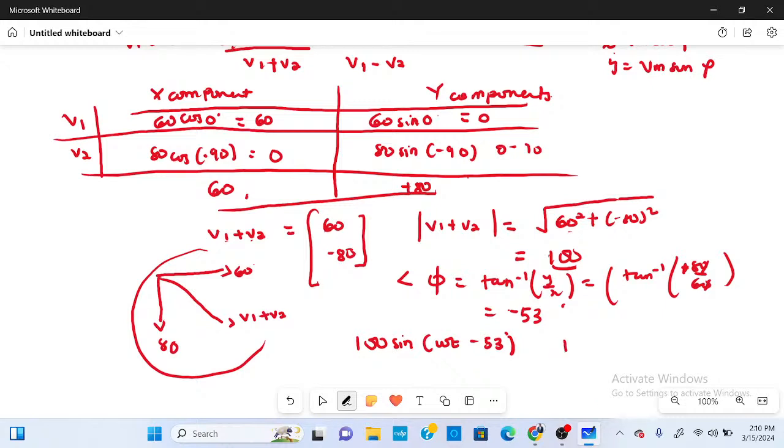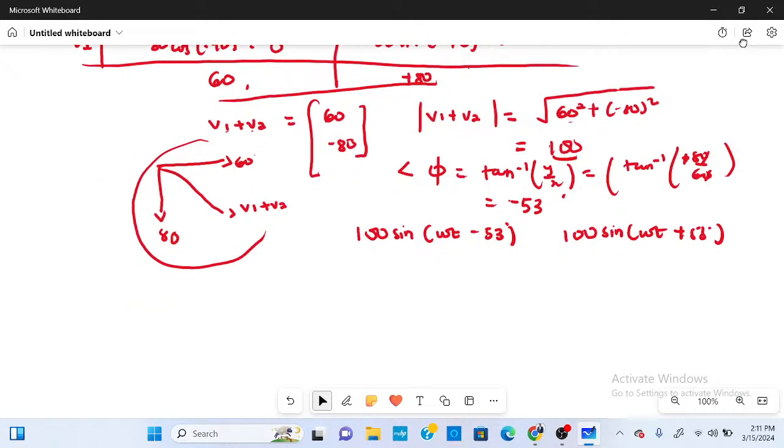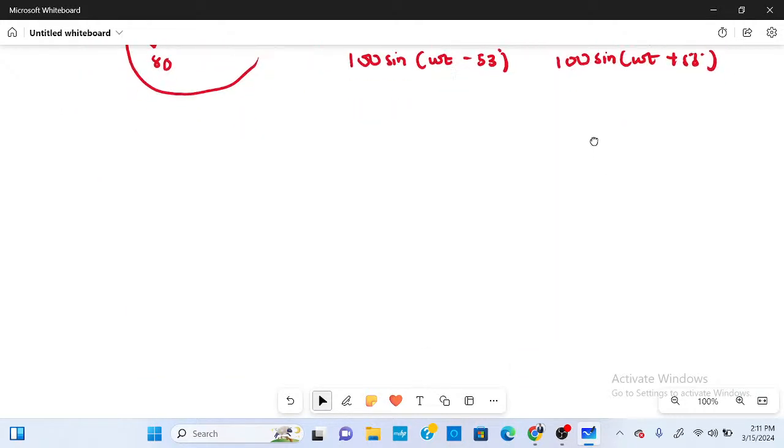For the minus, I'll have 100 sine of the expression omega t plus 53. So we realize that the change in sign has also changed the sign of the phase angle or phase difference. So this is simply how we add and subtract our phasor diagram or our phases.